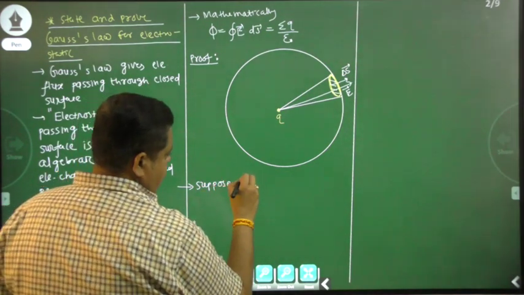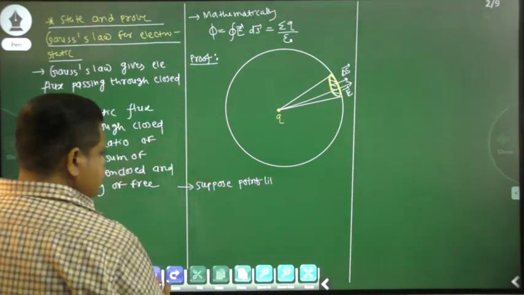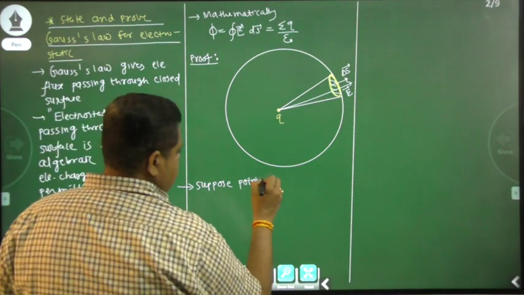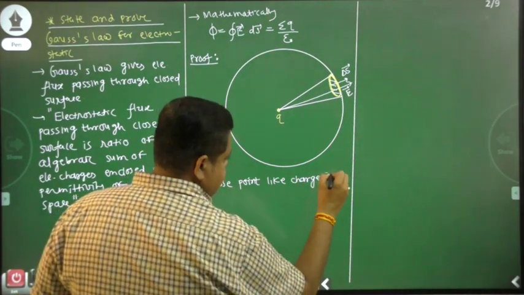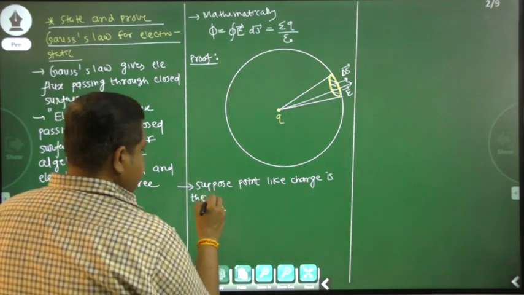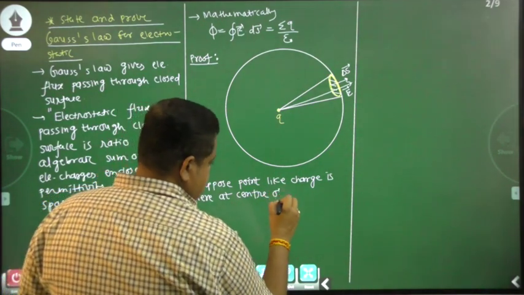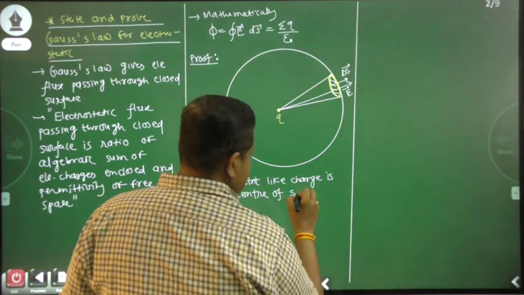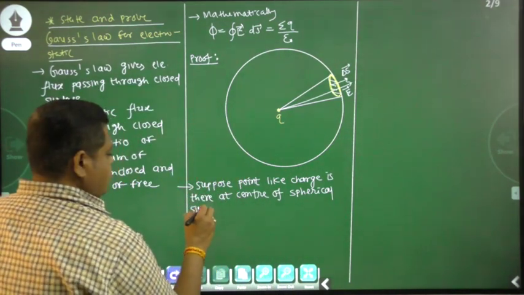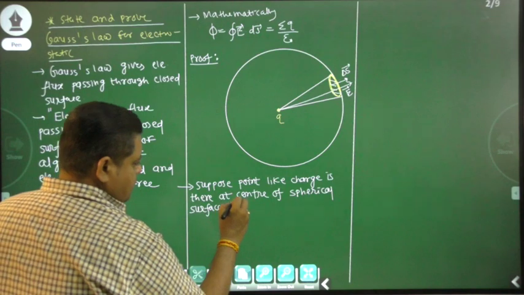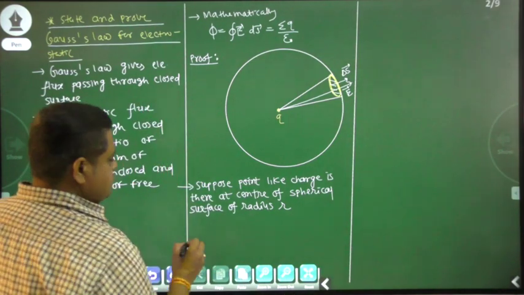Suppose a point-like charge is there at the center of a spherical surface of radius r. Clear?